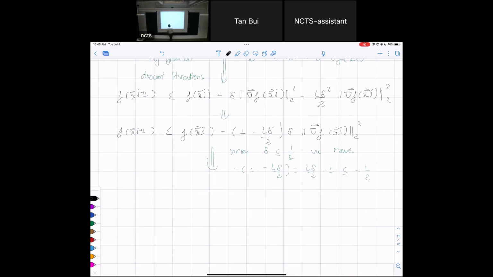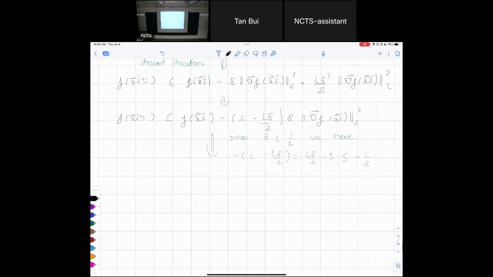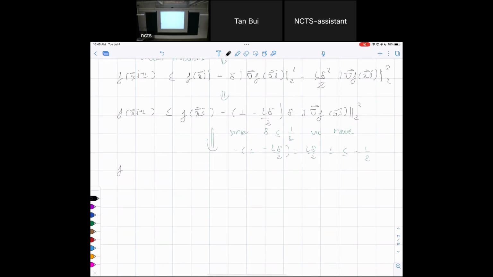Therefore, f of x_{j+1} is less than or equal to f of x_j minus delta over 2 times the norm of the gradient of f of x_j squared. Okay, good. We're almost there, everybody. We are so close.